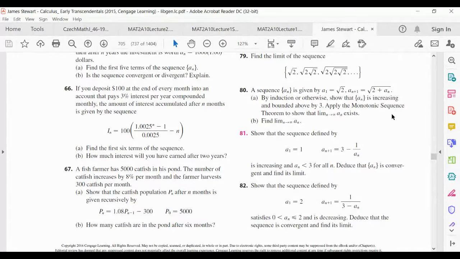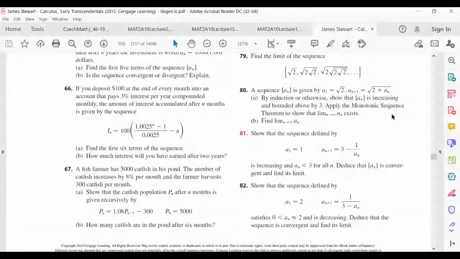So a1 is 2. a2 is going to be 1 divided by (3 minus 2), so that's 1 over 1, it's 1. a3 is going to be 1 over (3 minus 1), which is 1 over 2, it's a half.